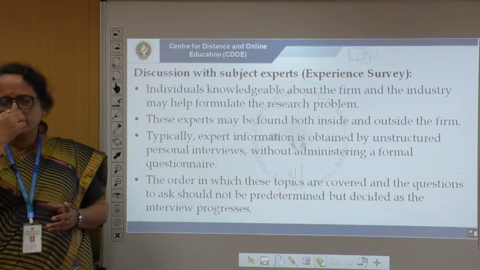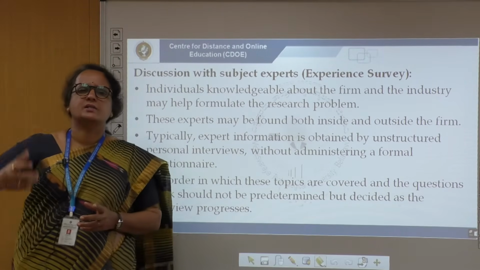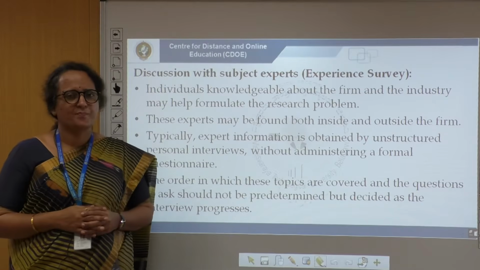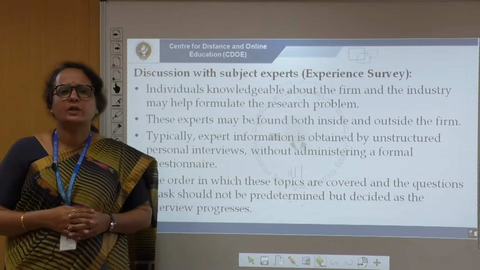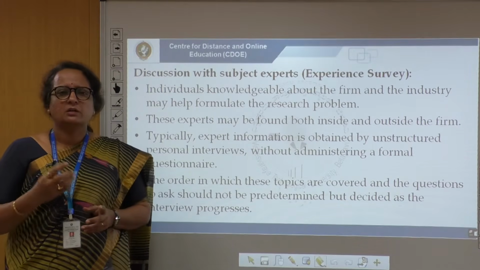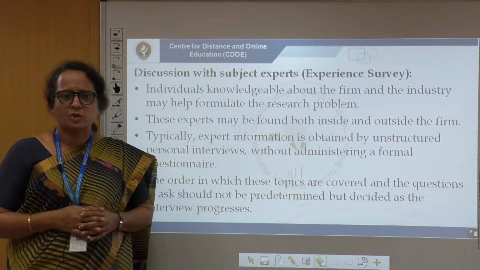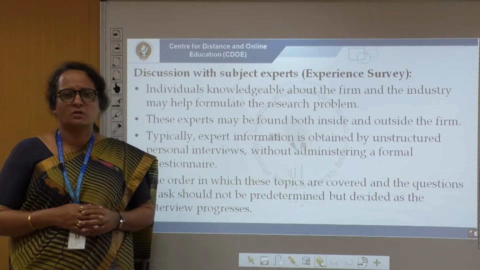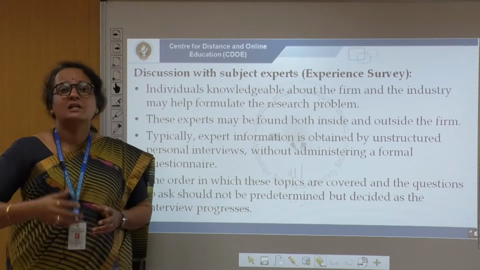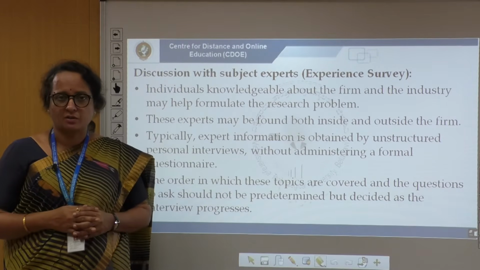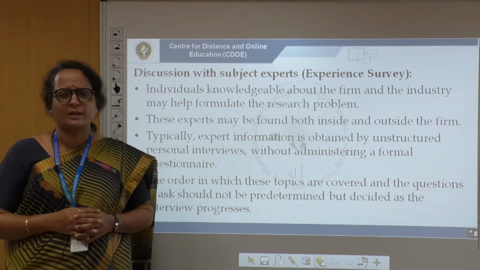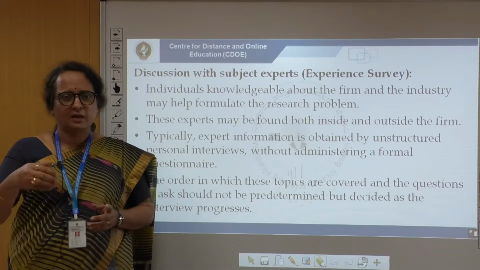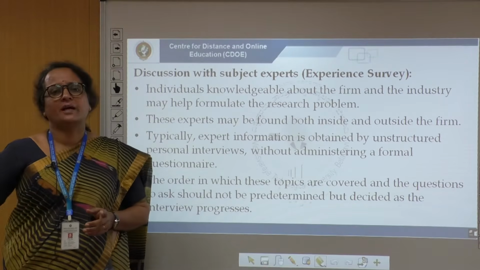Sometimes, if the problem is declining sales, the researcher may interact with the marketing department, the marketing manager or sales manager, or the key sales executives of the organization. All these people can be interacted with, and the nature of the problem can be thoroughly understood by the researcher.